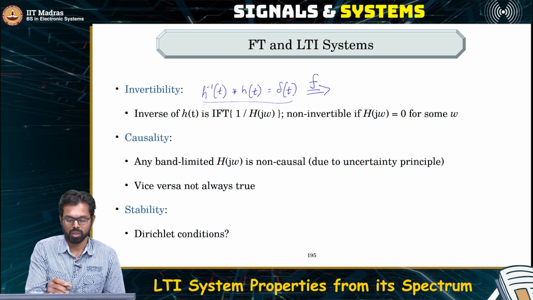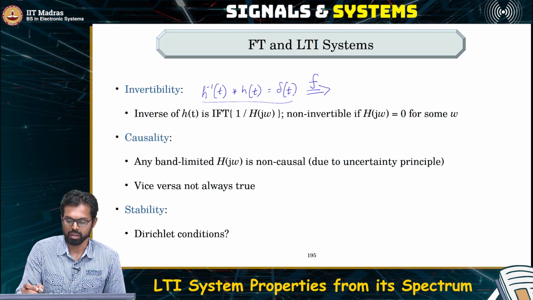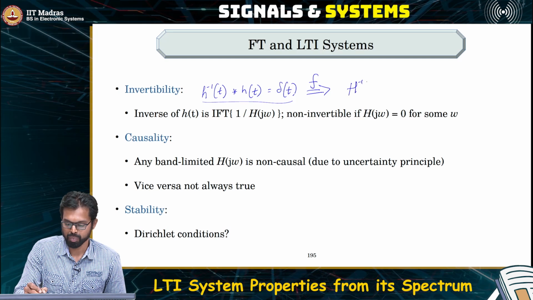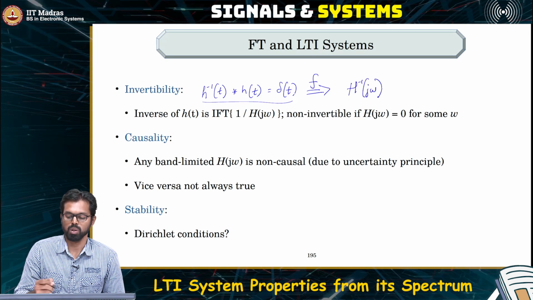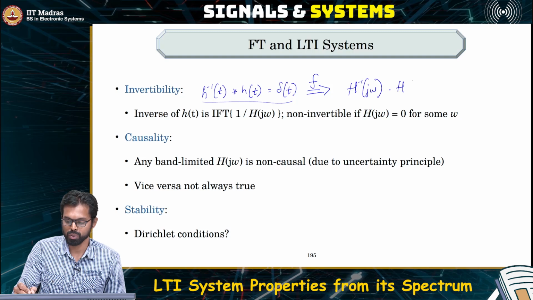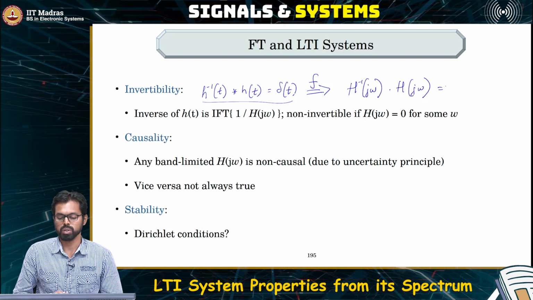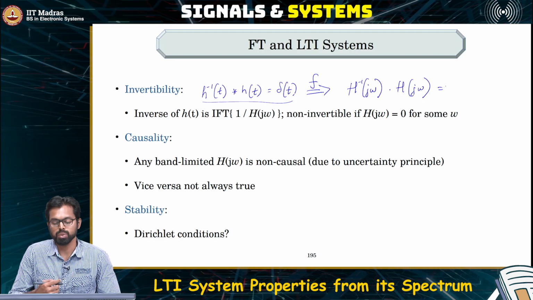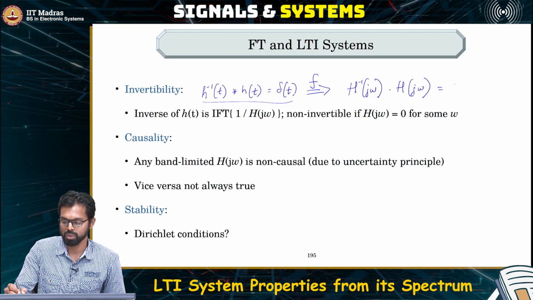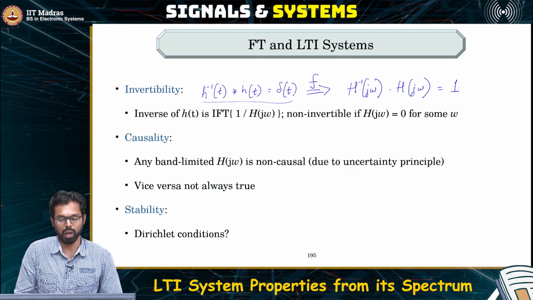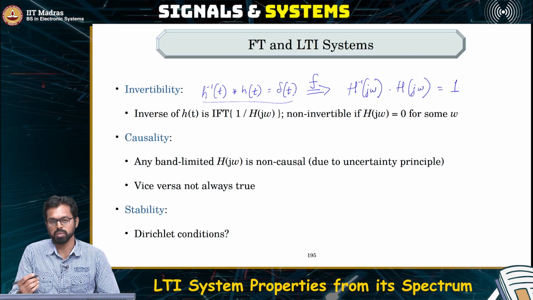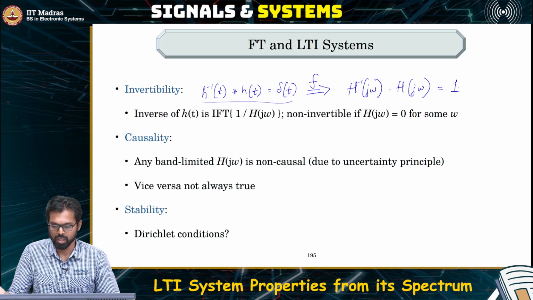If you apply the Fourier transform on both sides, on the left hand side we get the Fourier transform of H inverse multiplied with the Fourier transform of H, equal to the Fourier transform of delta. So what is the Fourier transform of delta? We already saw that the Fourier transform of the Dirac delta is just 1, which is very simple to work with.